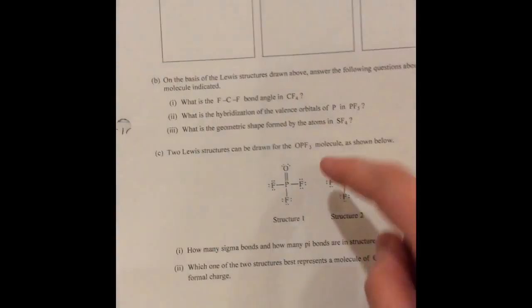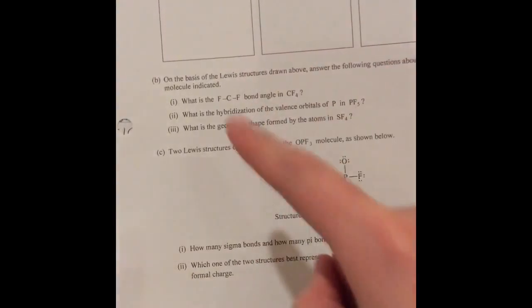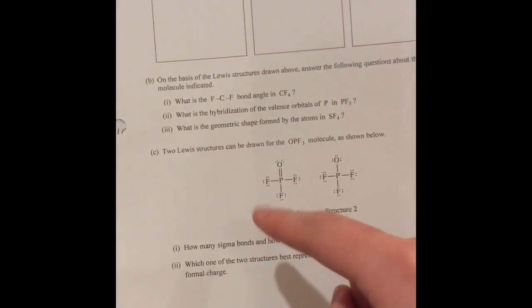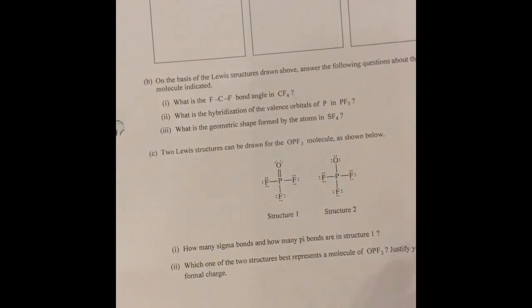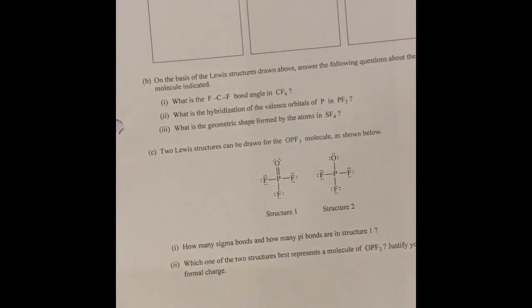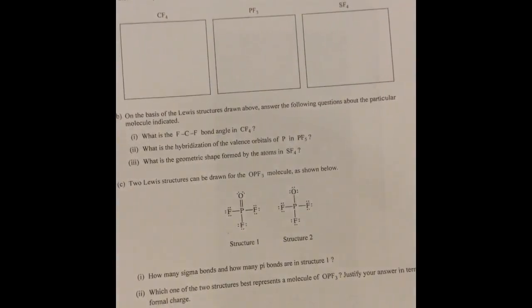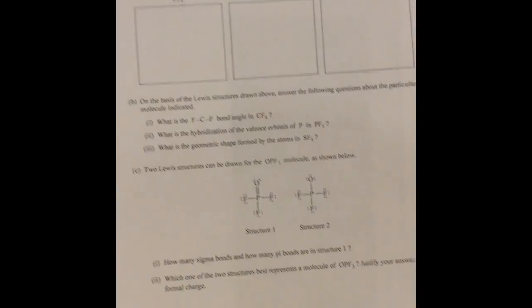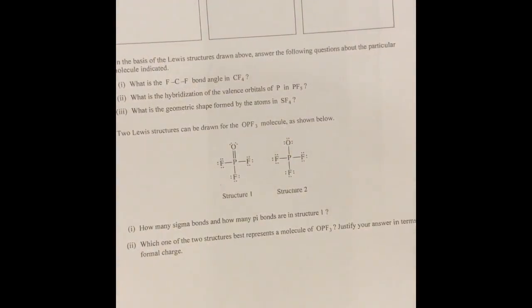So since there is only 1 double bond, there's only 1 pi bond, and since there are 4 sigma bonds, or 3 sigma bonds represented.